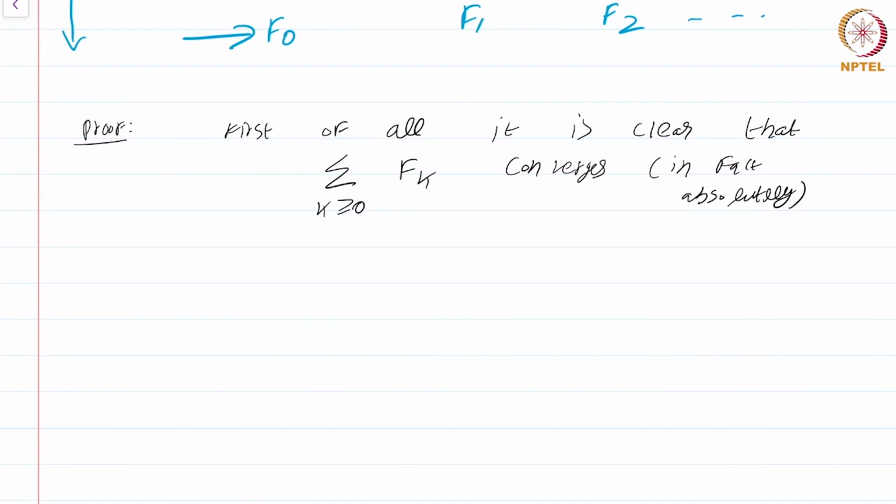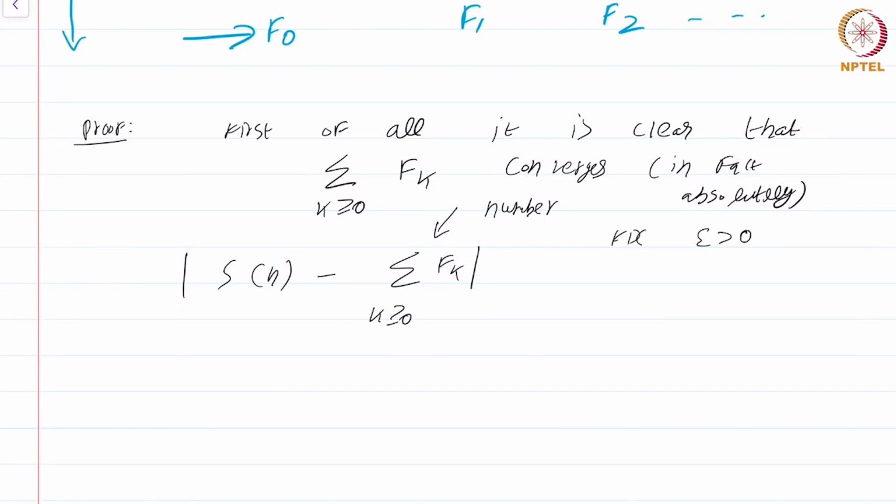Now the term we are interested in is S_n minus the summation over k greater than or equal to 0 of f_k. What we want to show is that this, which is actually a number, even though I've written it as a series, stands for the term that it converges to. Given any epsilon, fix epsilon greater than 0, we have to find an n such that the modulus of S_n minus this summation of f_k is less than epsilon.